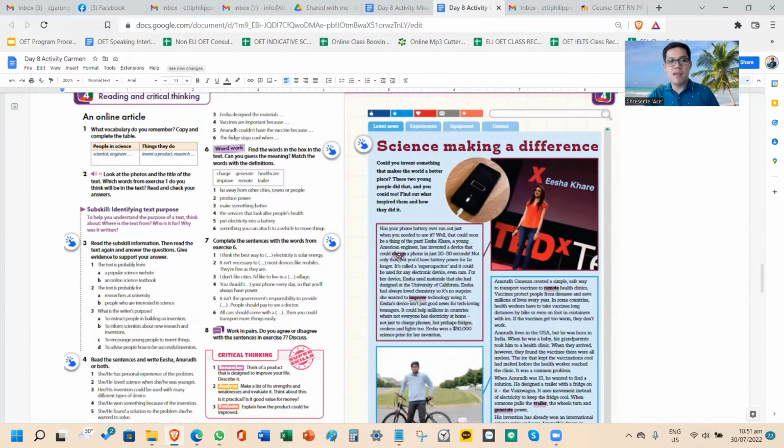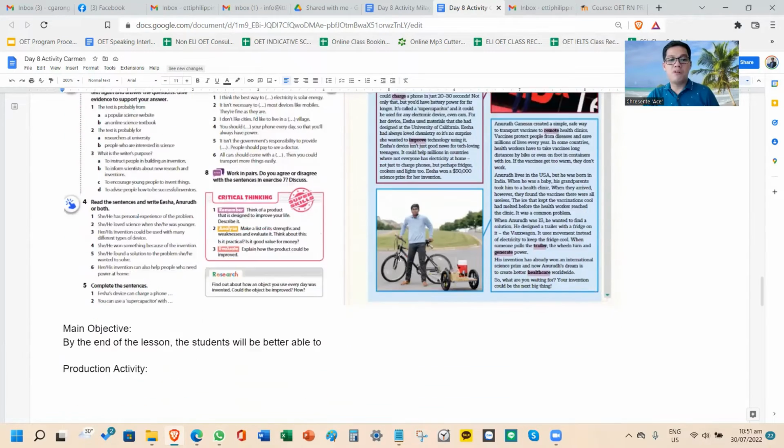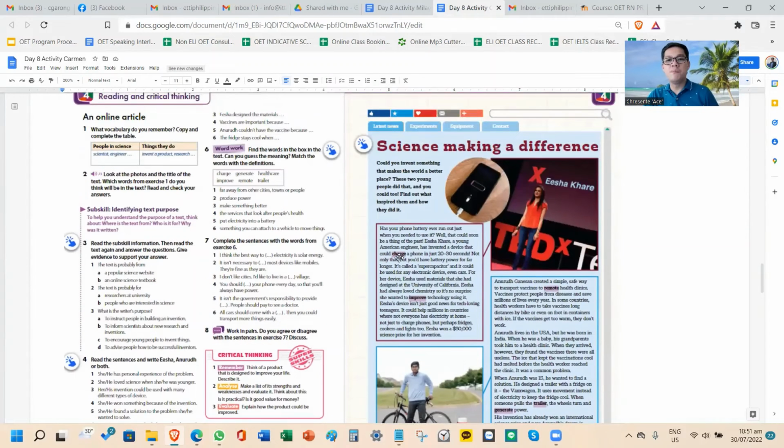objective? By the end of the lesson, students will be better able to, what's the first one? To get the gist of the meaning, so skim and scan. Just use the words skim and scan, because to get the gist is too long. Just say be able to skim and scan what?